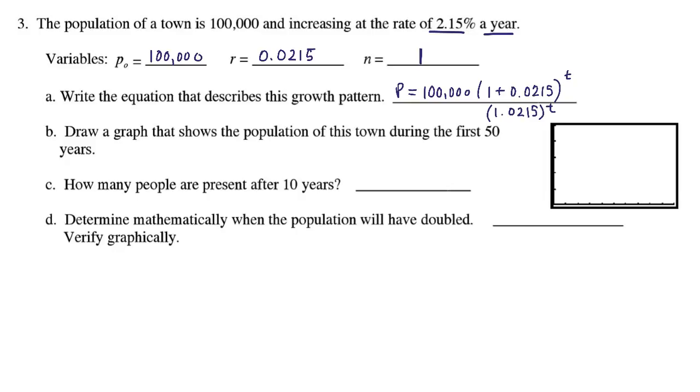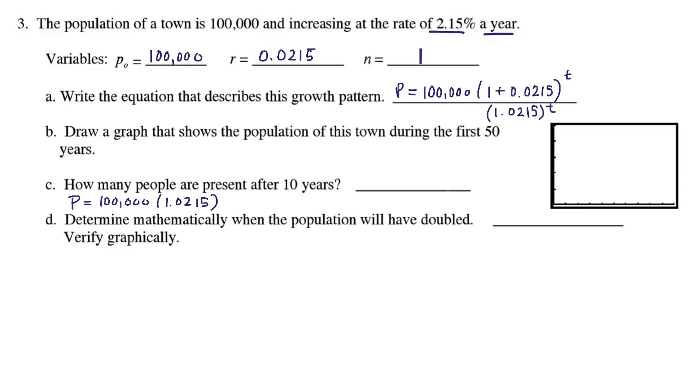Now let's look at part C. How many people are present after 10 years? So let's plug into our formula. And so our new population is going to be equal to 100,000 times, and on the inside of the parentheses, I would condense those, just make it easier, 1.0215.